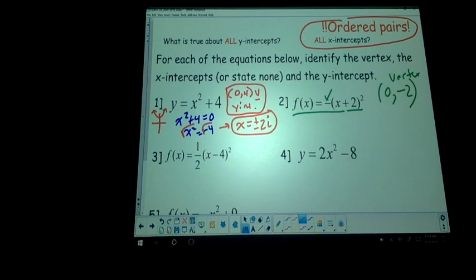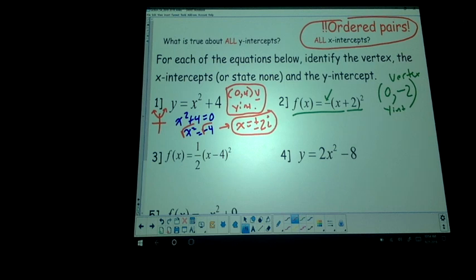The reason it's a -2 is that if it shifts right or left, it always shifts opposite of what you would think if it's grouped in that. Same idea with absolute values. Because I have x plus 2, this parabola is shifted left 2 to get the vertex. This is also the y-intercept.